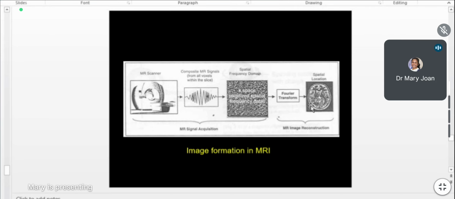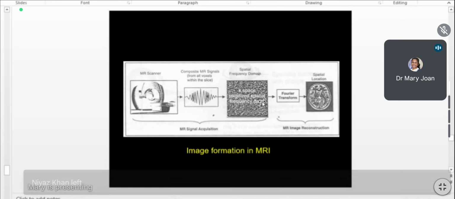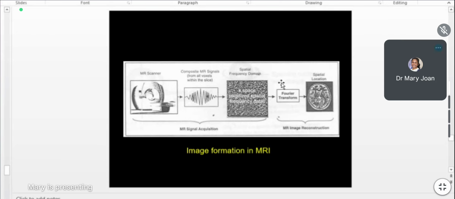The MR scanner gets composite MR signals from all voxels within the slice, and the spatial frequency domain, K-space, holds the digitized spatial frequency data. So this is the MR signal acquisition. Once this signal acquisition is done, we use image reconstruction techniques to get the spatial location and we get an image understandable to us.